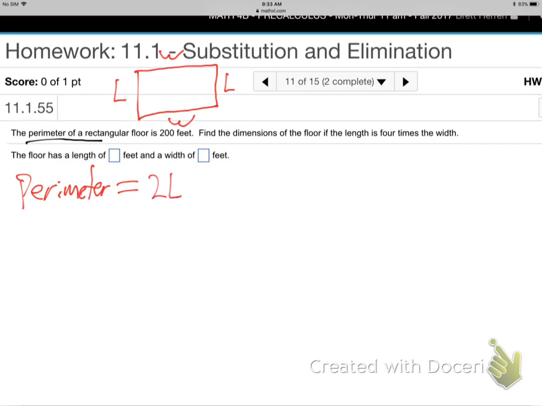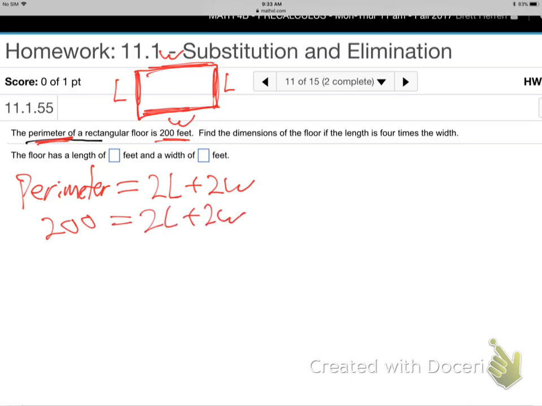Yeah, exactly. 2 times length plus 2 times width, huh? A rectangle has got a length, a width, a length, and another width, huh? Perimeter just means around the outer edge, so 2 lengths and 2 widths added up. So they're saying the perimeter is 200. So I can plug in 200 for the perimeter. And it's 2L plus 2W.